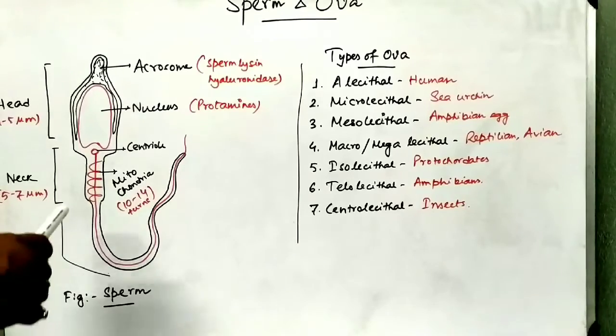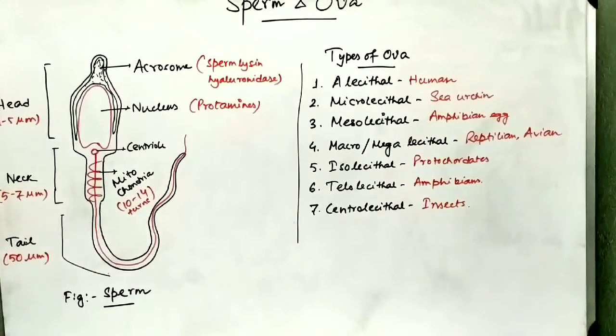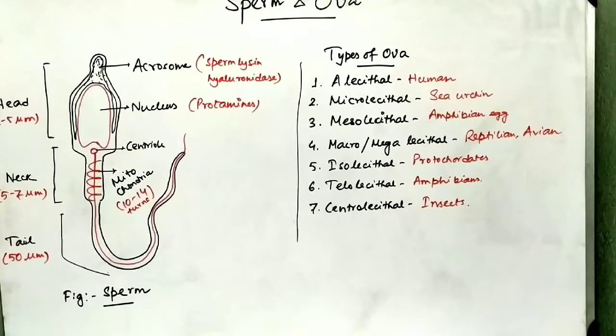This region is known as the neck, and the neck is 5 to 7 micron in length. It has the distal centriole, and is actually nothing but a tuft of cytoplasm and mitochondria.